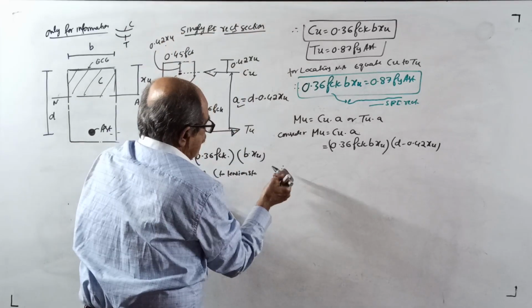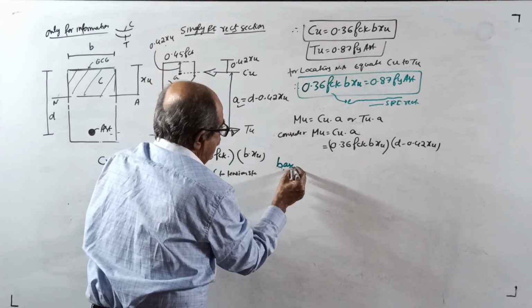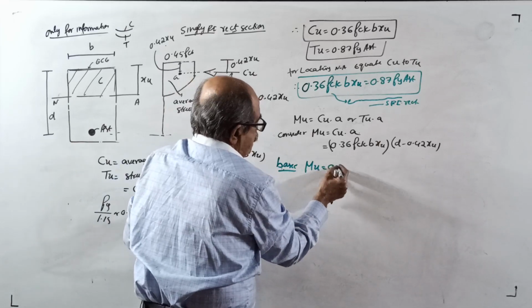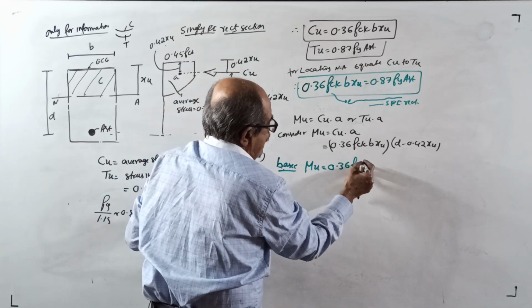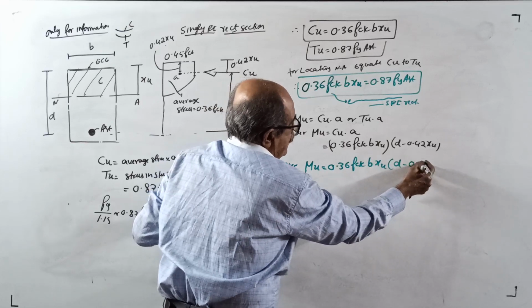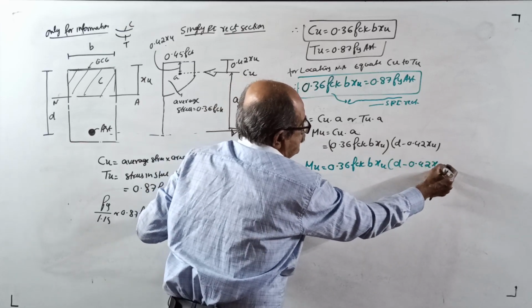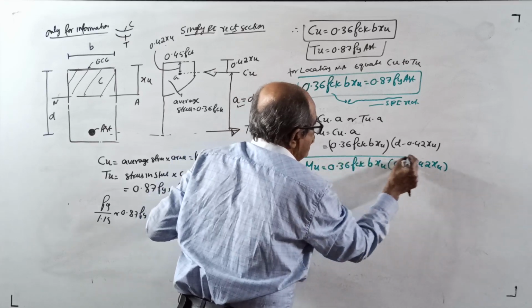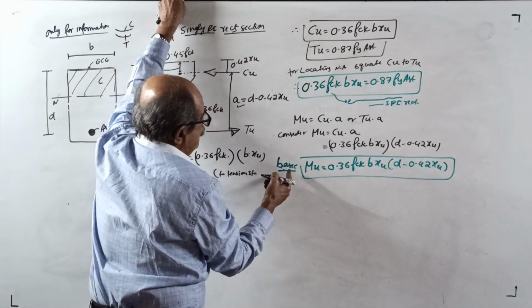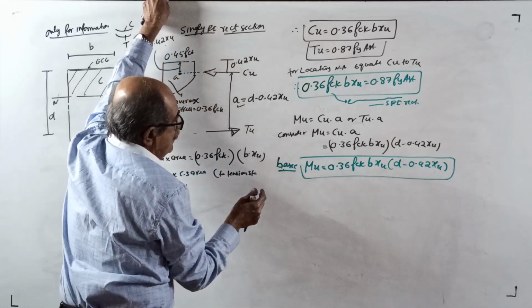Therefore, remember the basic equation is Mu equal to 0.36 fck into b into xu into d minus 0.42 xu. This is the basic equation, in terms of compression.